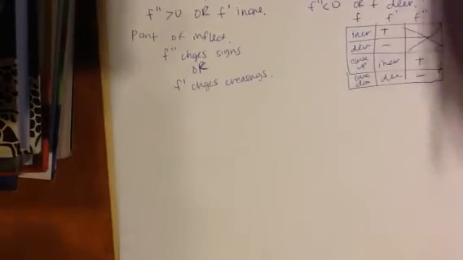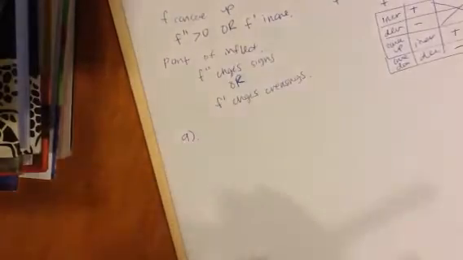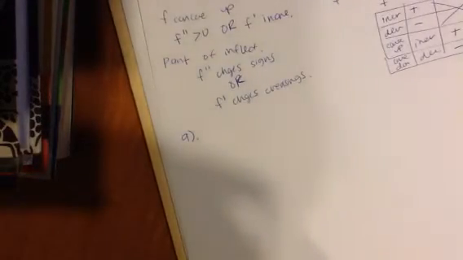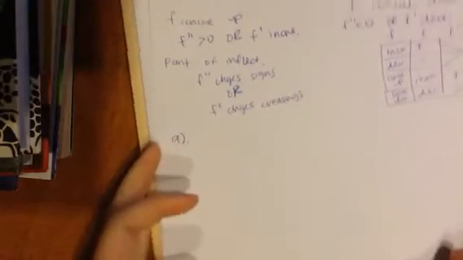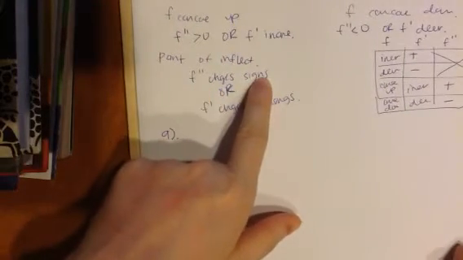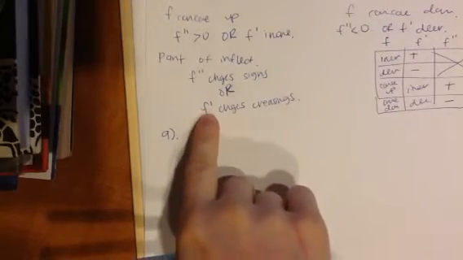All right, so number 1, we have a graph of f prime, and I'm looking for all x values where f has a point of inflection. For a point of inflection, we know f double prime changes signs, but I have a graph of f prime, so let's look at our f prime justification.